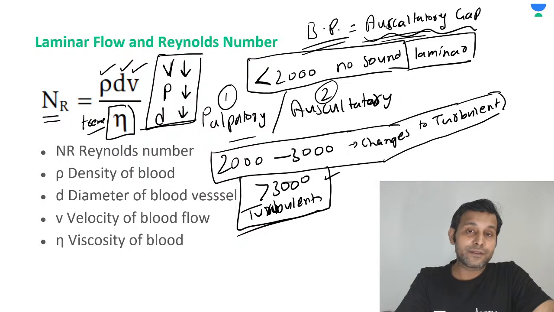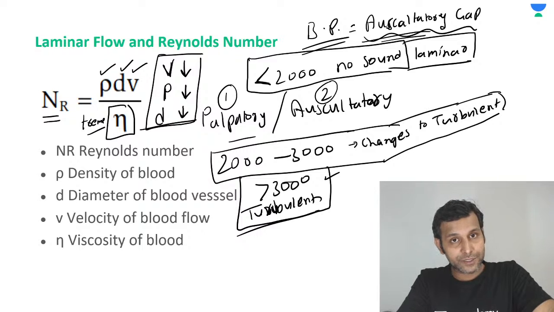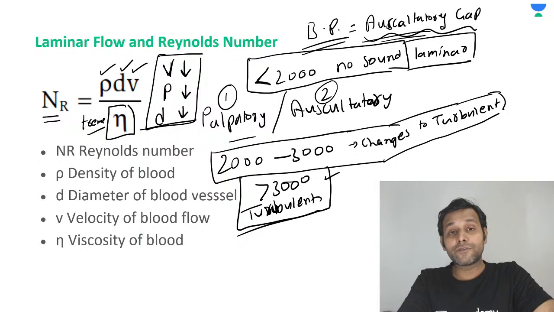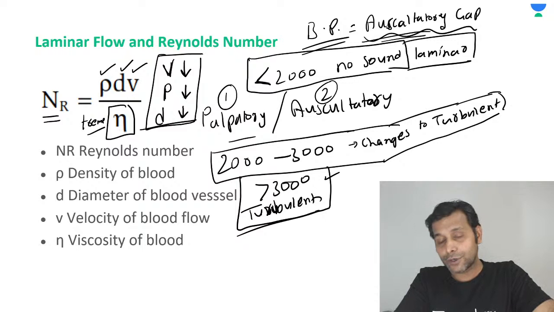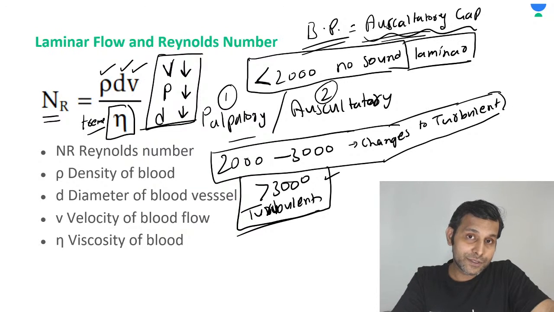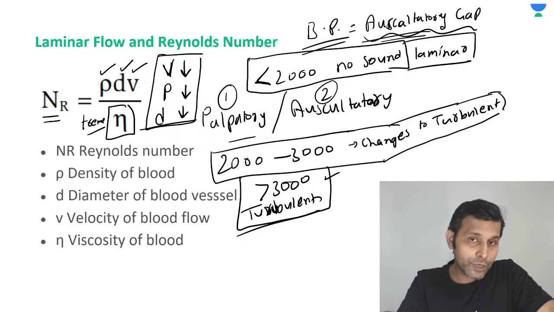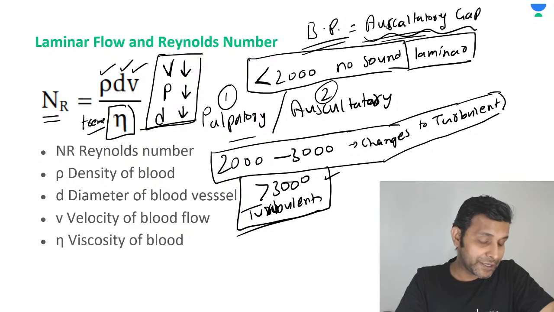So Reynolds number is inversely proportional to viscosity but directly proportional to all other parameters. If your blood is thinner, as in pregnancy, there is a higher chance of increased Reynolds number, that is, turbulence in the blood increases when the blood becomes thinner, or the viscosity of blood decreases.